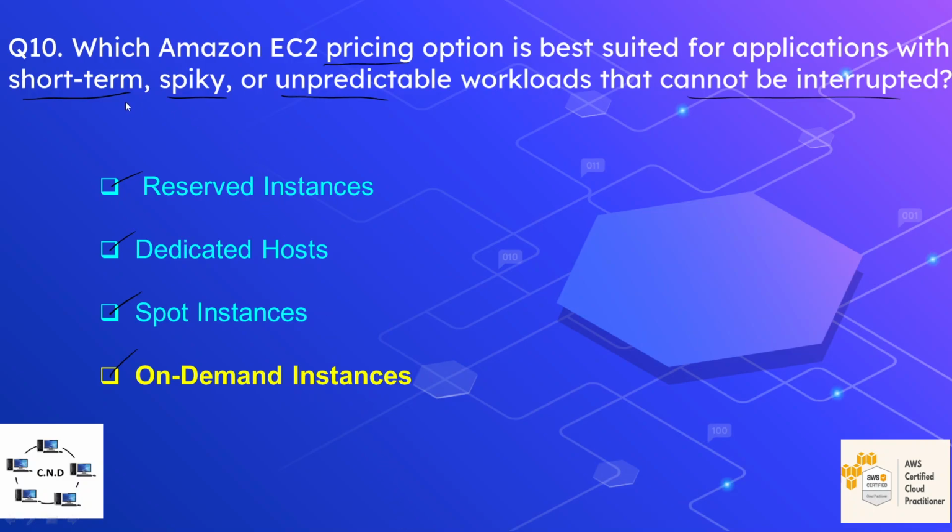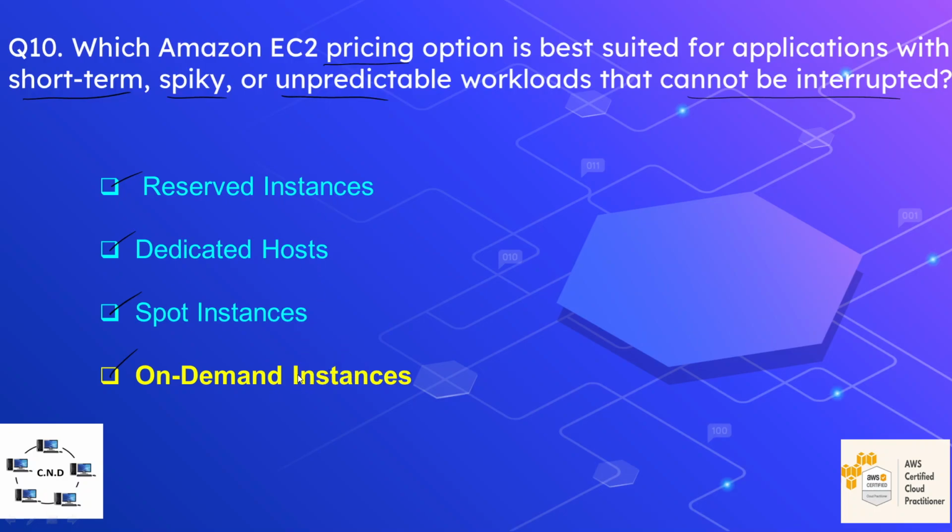So always remember, when the requirement is short term, the traffic is spiky and unpredictable, I mean you never know when the traffic will increase or decrease, and the application cannot be interrupted, then you should use on-demand instances.